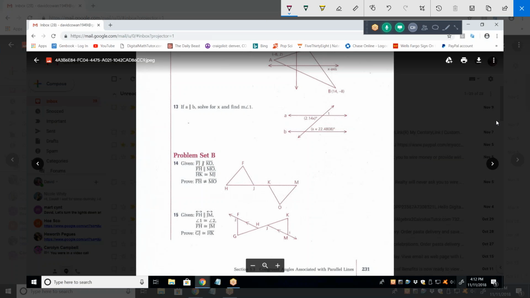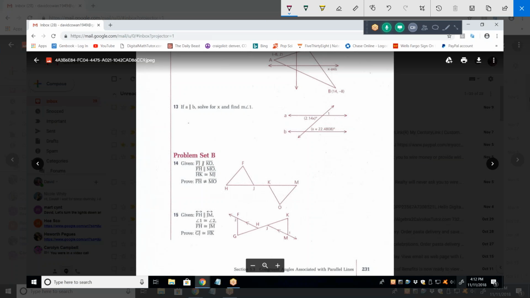Probably not, because it was 19.726315. Let me multiply that by 2.14, see what I get. I got 42.158. Oh, I get 42.21. That's round off error. That's why it puzzles me that they would give you problems that don't end in clean numbers. All right, let's look at number 14.